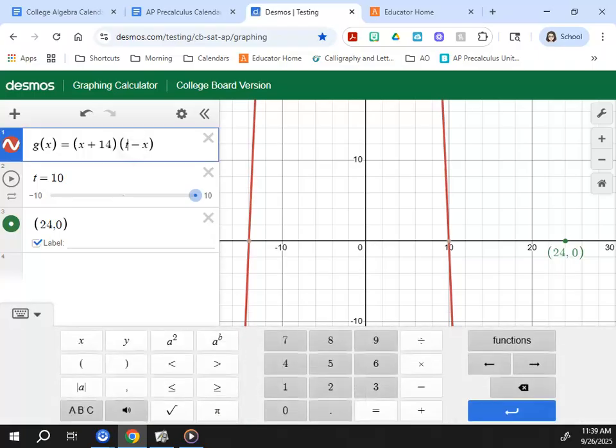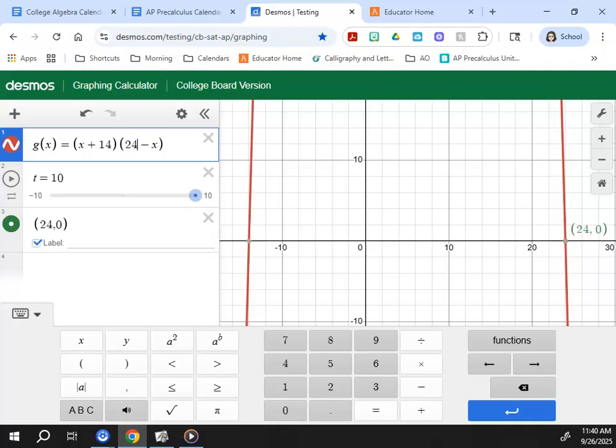I can figure out then that, hey, let me go ahead and change that to 24. And then I can see that it goes right through it. So now my function goes through 24 just like it says it should, right? What is the question actually asking me for? G of 0.